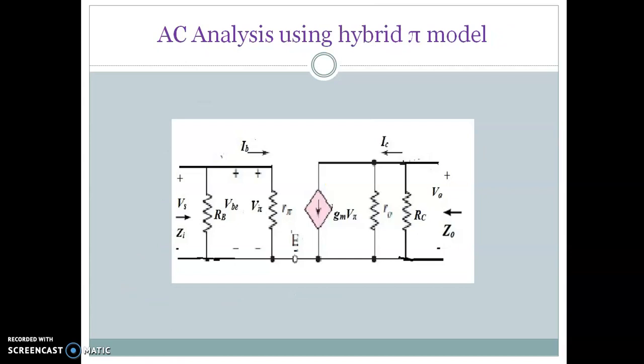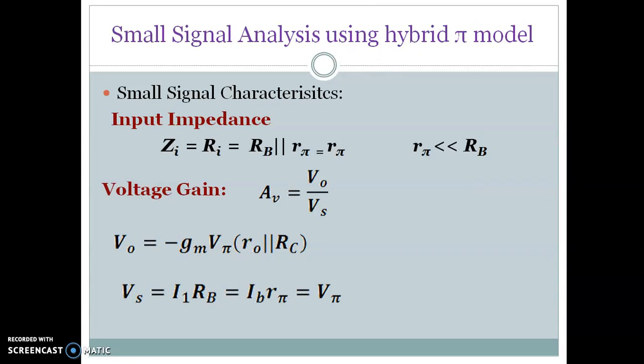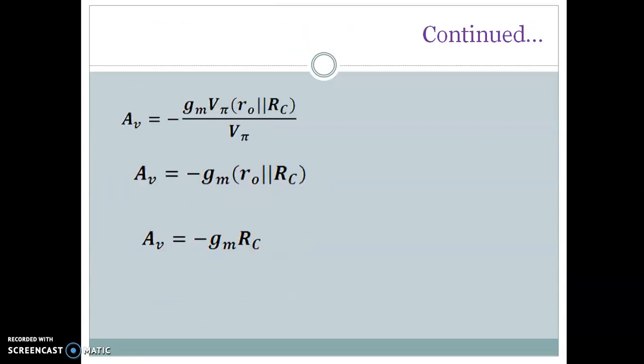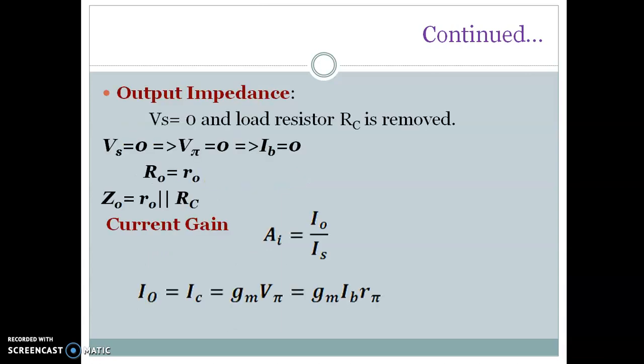So Vs is nothing but VB, which is equal to V pi. So if we substitute it, we get V0 by Vs is equal to minus Gm times R0 parallel RC. So if we neglect R0, that is the early effect, then AV becomes minus Gm times RC. Again, this negative sign indicates that the input and output are out of phase with each other.